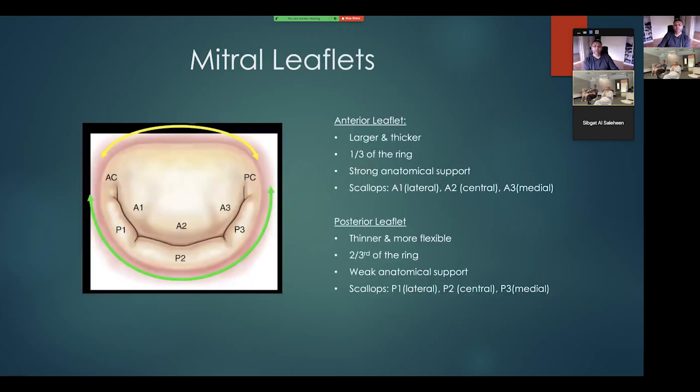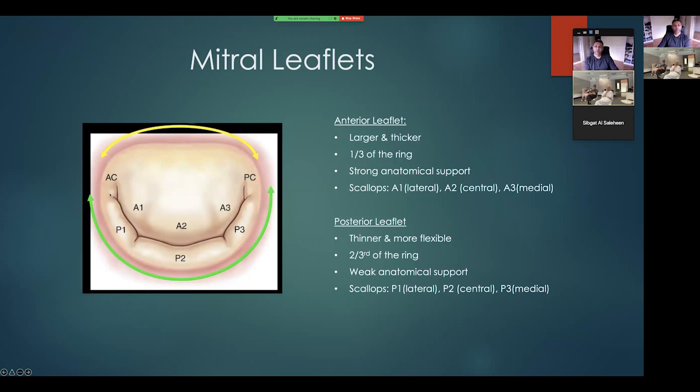In terms of leaflets, as we know, there are 2, anterior and posterior. The anterior is the larger and thicker leaflet, but it covers just one third of the ring of the valve orifice. It has very strong anatomical support compared to the posterior, and it has 3 scallops, A1, A2, and A3.